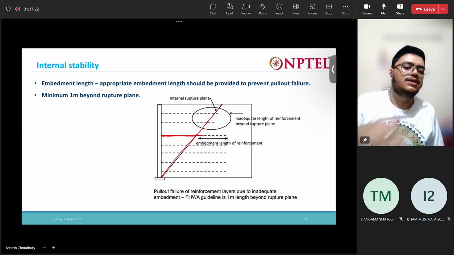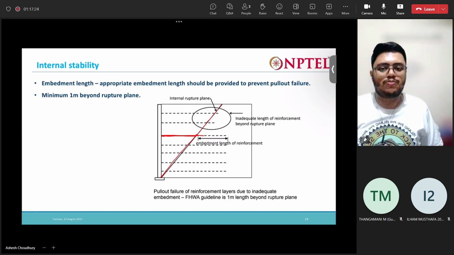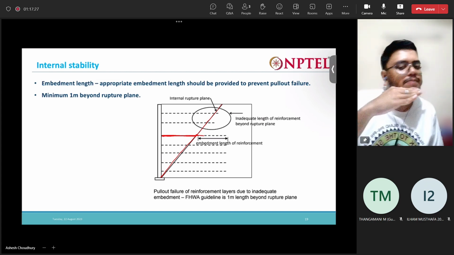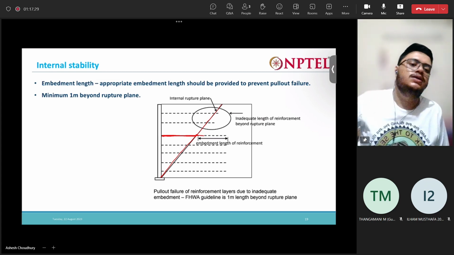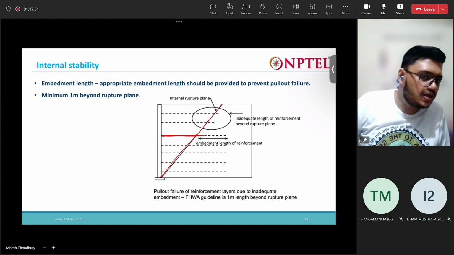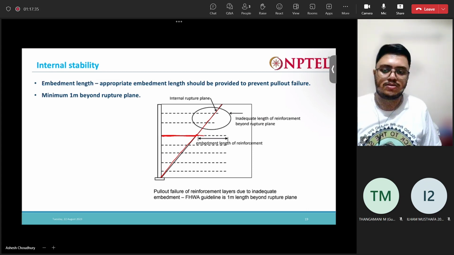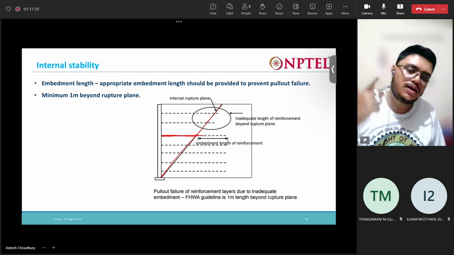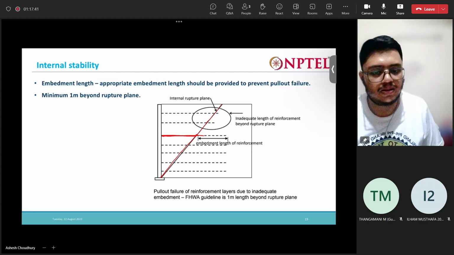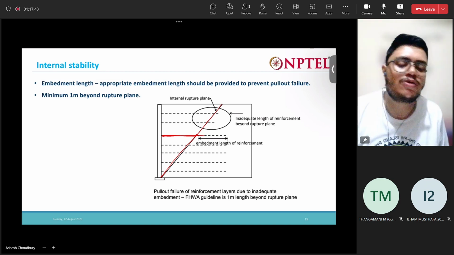So this embedment length is very important. If this embedment length is not given, what will happen? Due to the forces that are coming to the reinforcement, it will just slide out. All right. So there will be pull out failure. To prevent pull out failure, this embedment length is very important. Okay, we have to provide this embedment.